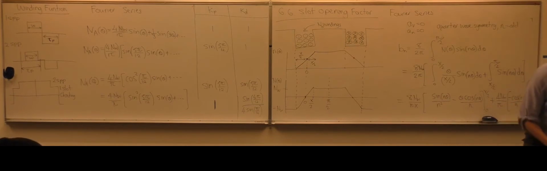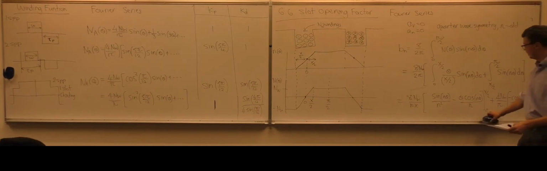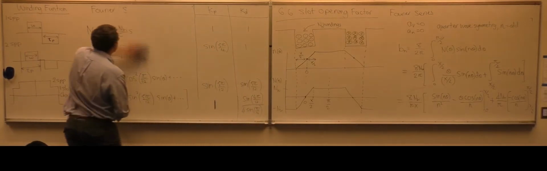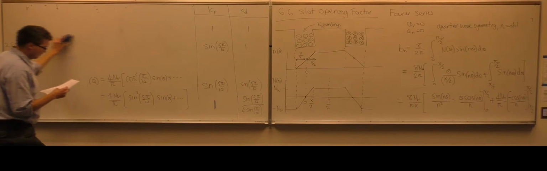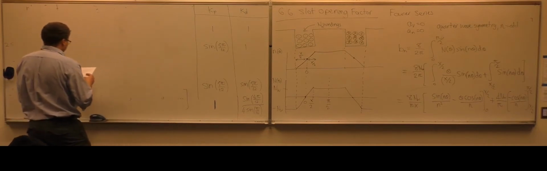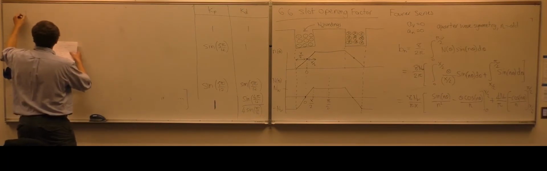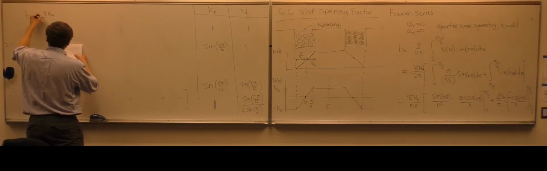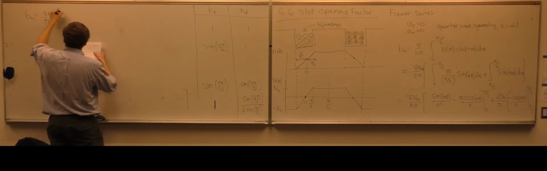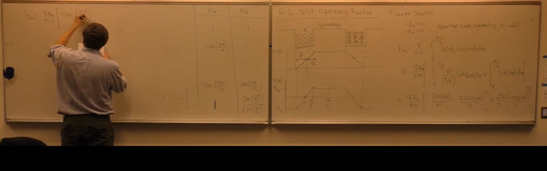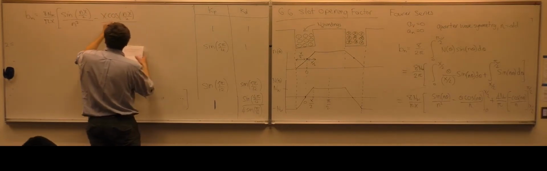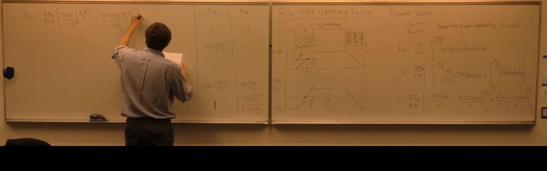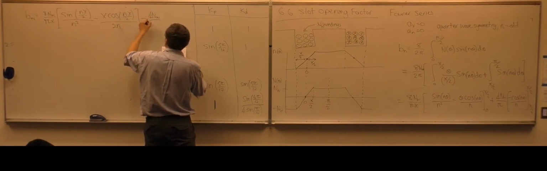Okay, so when we put in the values, if I have my cheat sheet, we get Bn is equal to 8 nw over pi x times sine nx over 2 divided by n squared minus x cosine nx over 2 divided by 2n, minus 4 nw divided by pi n.